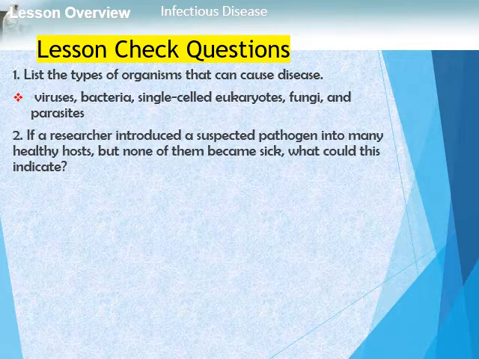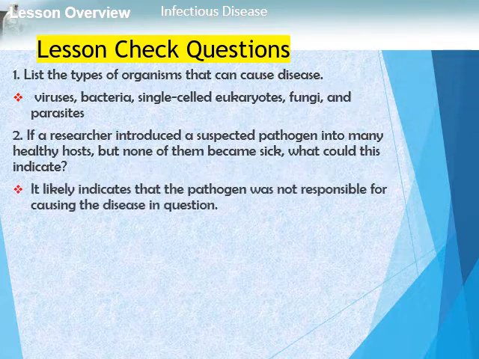Question number 2. If a researcher introduced a suspected pathogen into many healthy hosts, but none of them became sick, what could this indicate? The sample answer may be, it likely indicates that the pathogen was not responsible for causing the disease in question.